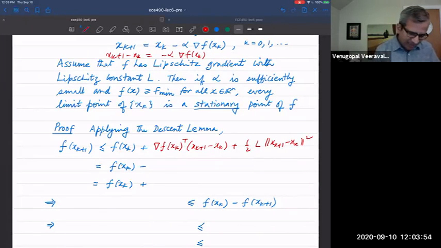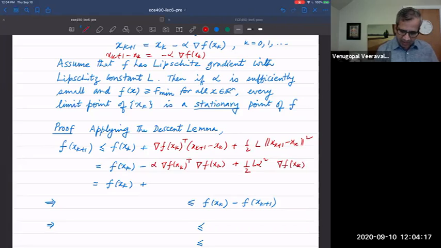This will give me minus alpha gradient of f transpose times the gradient of f(xk), and then I'll get half L alpha squared times the norm squared of the gradient of f at xk, just plugging this expression in here and here.